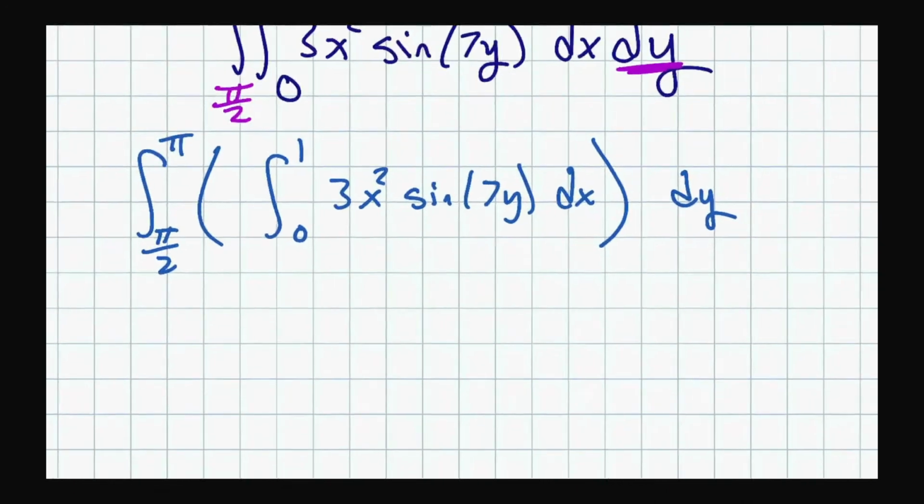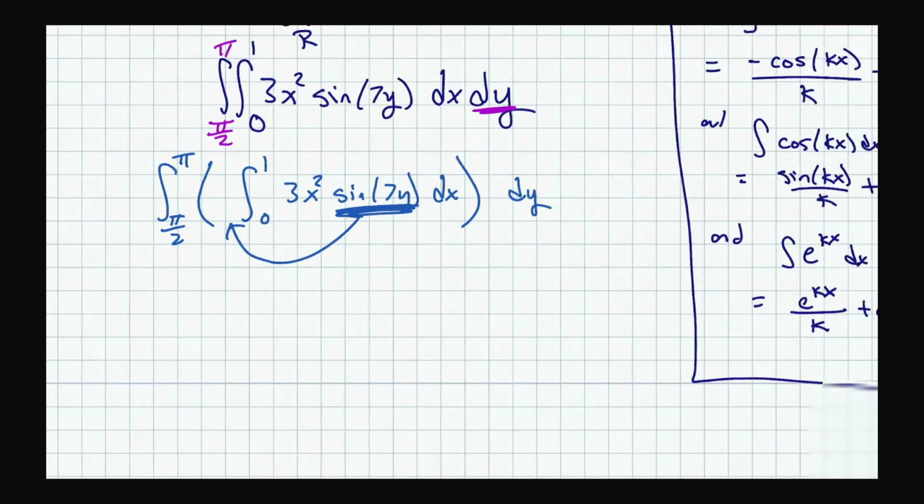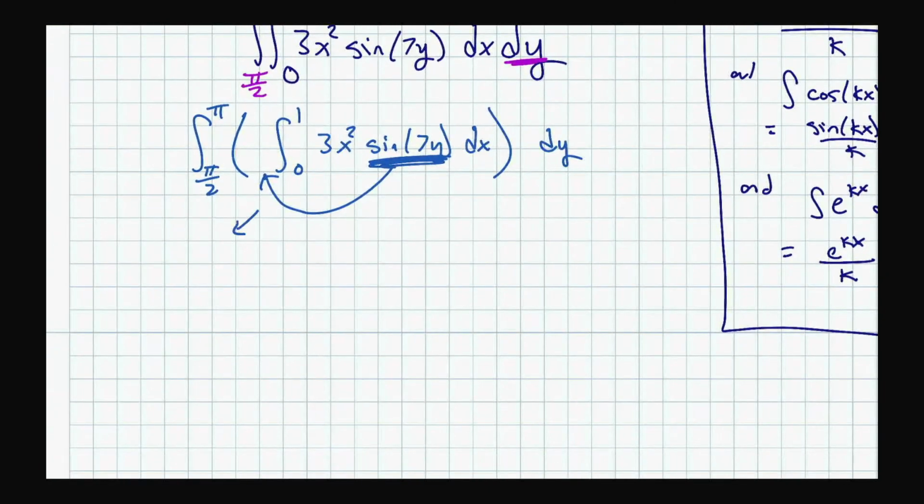Now, you can formally take this out if you want, because we're doing the x integral and that's got only y's, but you don't have to, okay? You can just leave it there as a constant. It's kind of your choice, where we could write it this way, integral from pi over 2 to pi of sine 7y, and then the integral 0 to 1 of 3x squared dx, like this.